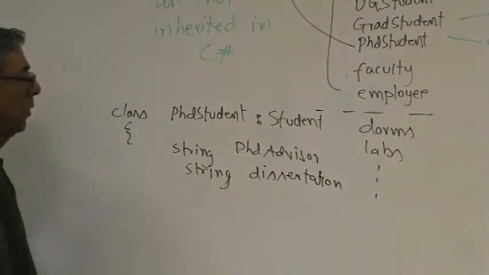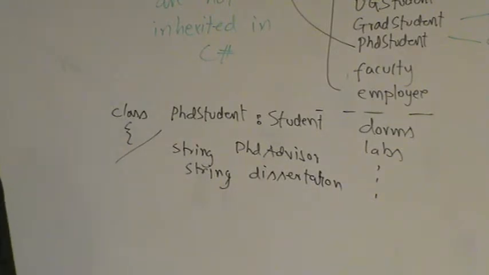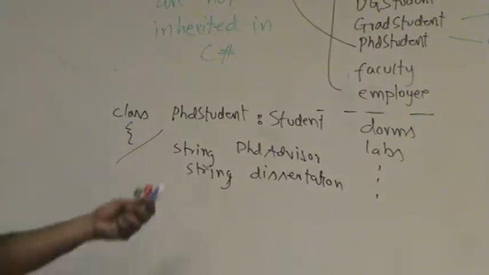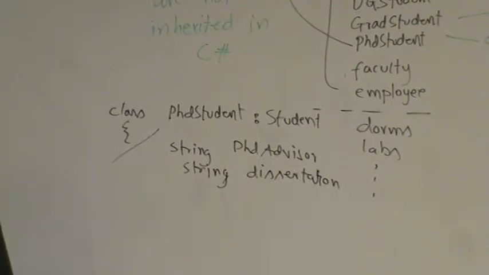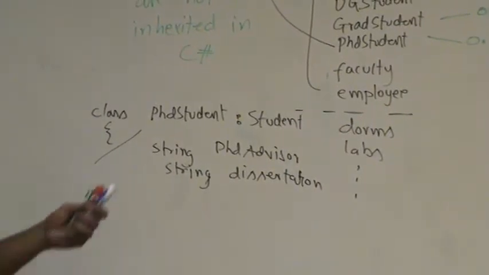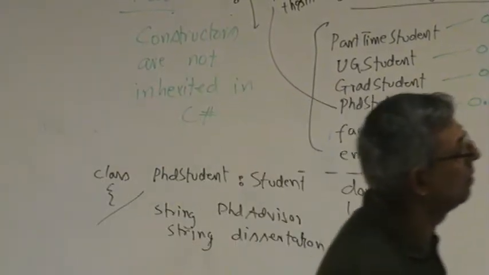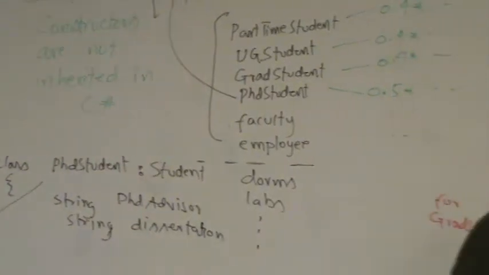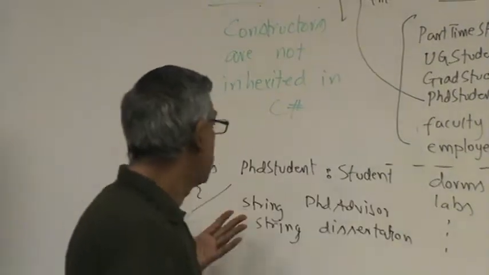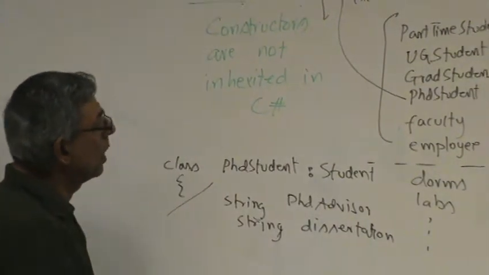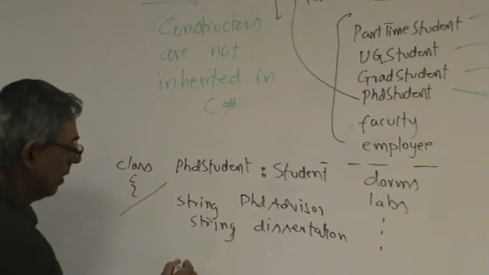You'll provide the constructor over here, the default constructor, no parameters, easy. What about the second constructor? How many parameters? 7. The initialization of the first 5 will be delegated to our base class constructor, right?